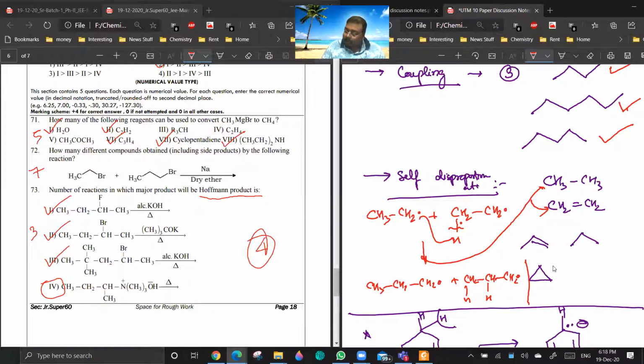If this takes this hydrogen, then you will get a dot here, and something like this. And if it takes this hydrogen, it will form an alkene like this. If it forms this dot, then it will close the ring to become this type of thing. Three-membered ring. Are you getting a point?